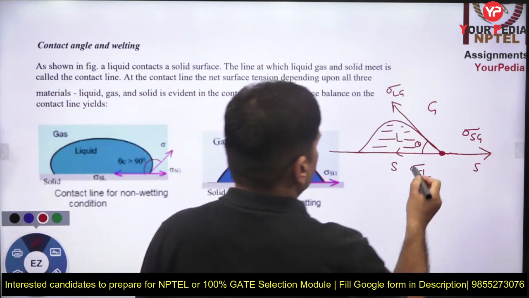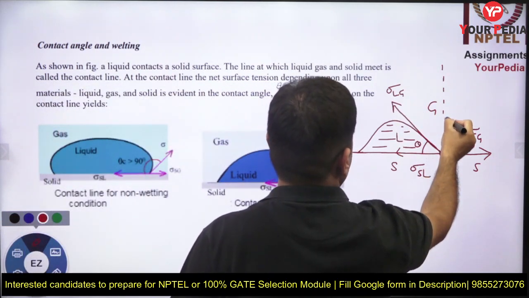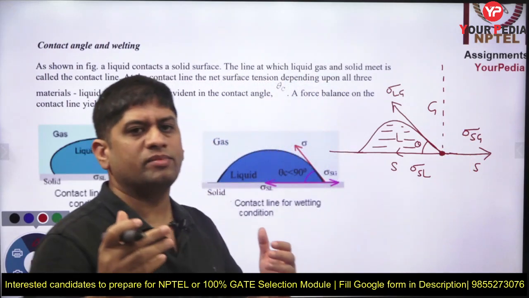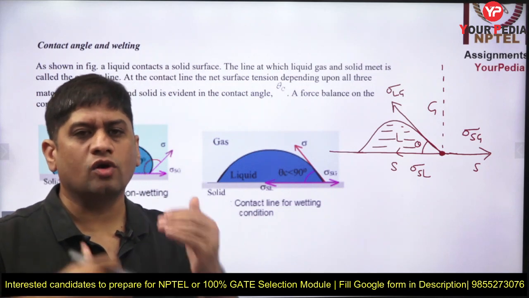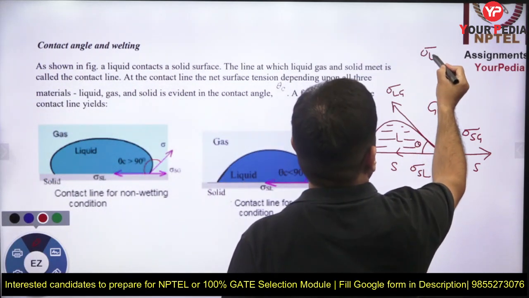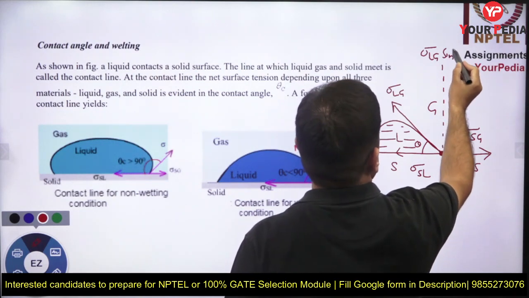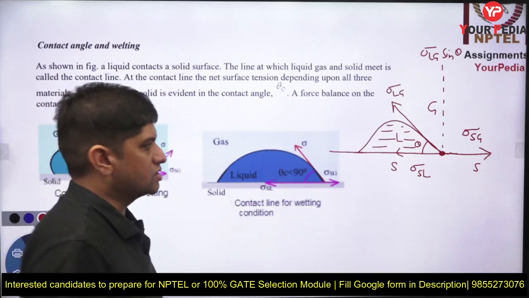Now if I want to resolve sigma Lg, and as I told you, I am taking the elemental length as unit length, so this will be resolved into forces. So sigma Lg sin theta will be the vertical force, which I am not considering as of now for this analysis.